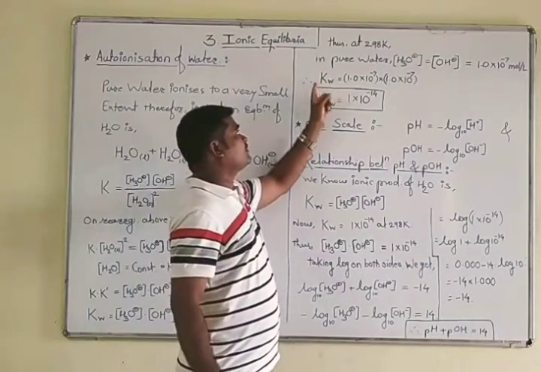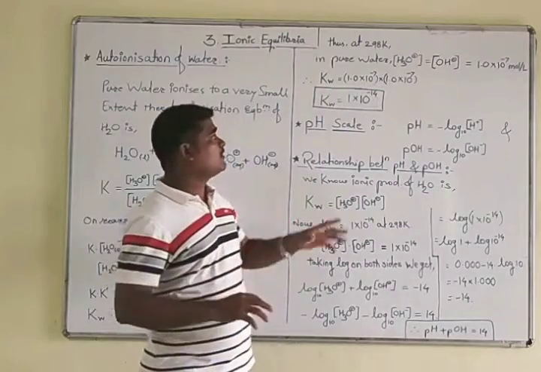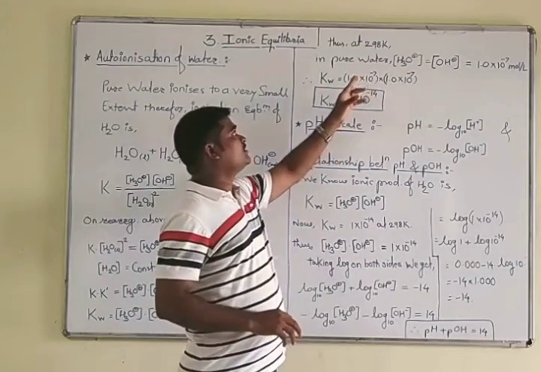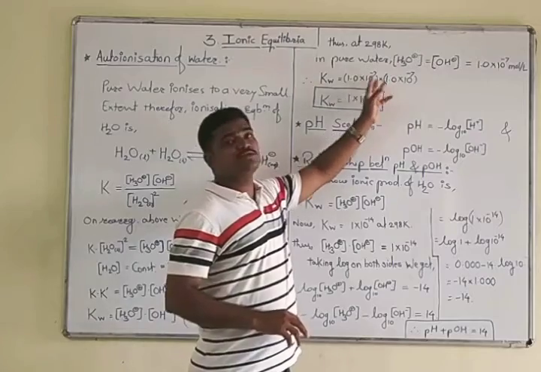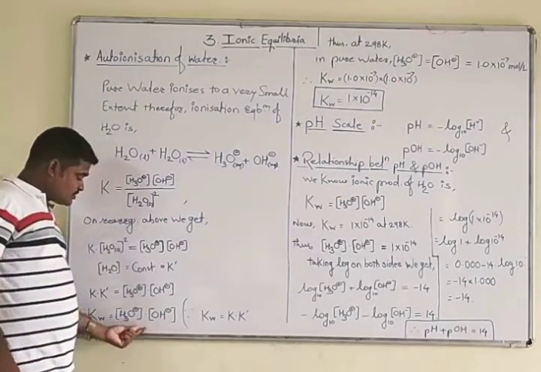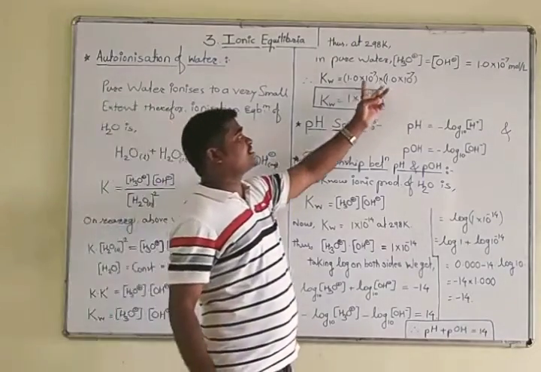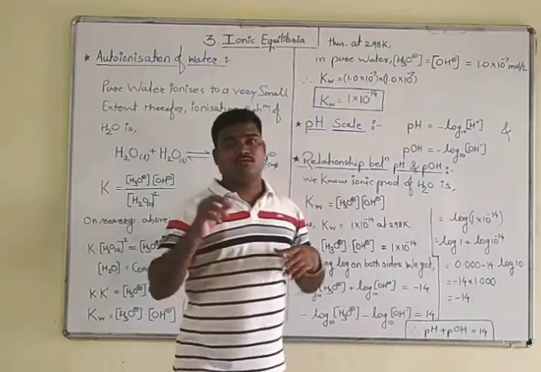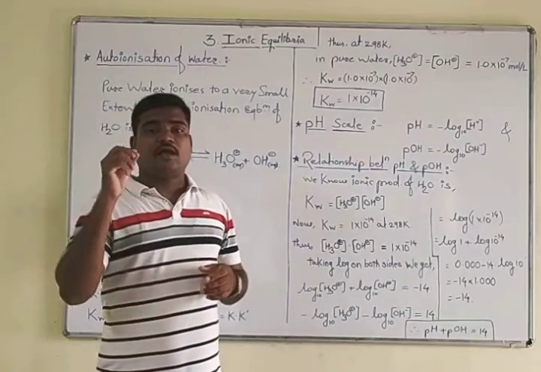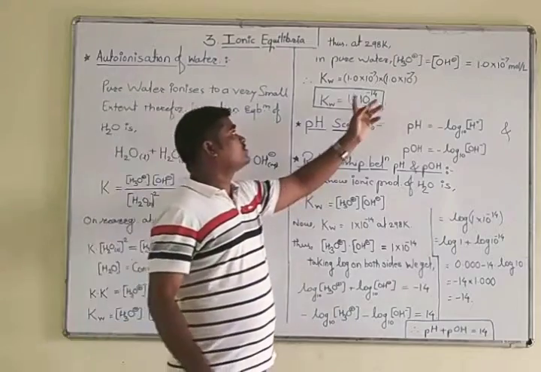So whenever we come across determining the ionic product of water, we have to use that value, that is, we have to take the product of both these ions, as mentioned earlier. So this term becomes like this when we put in the values of the OH- ion concentration and the H3O+ ion concentration.